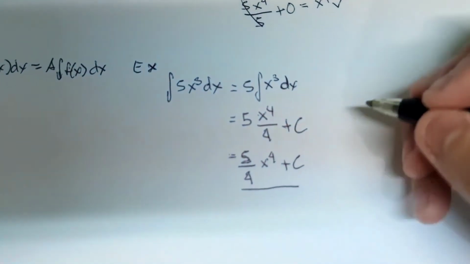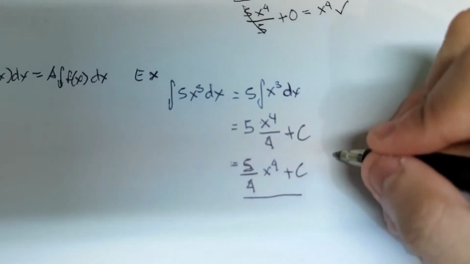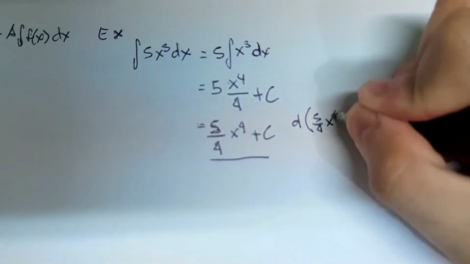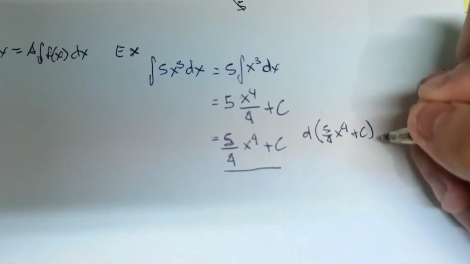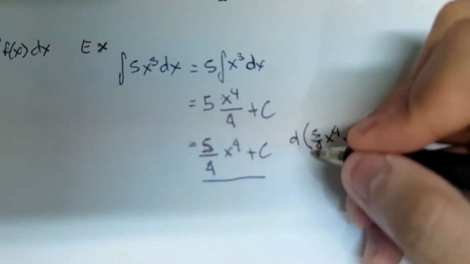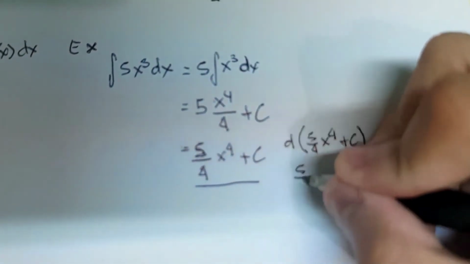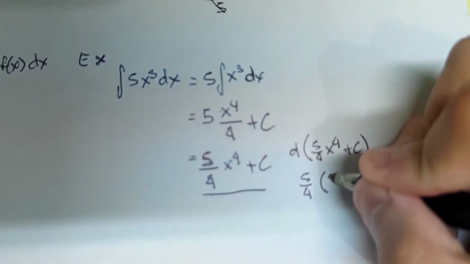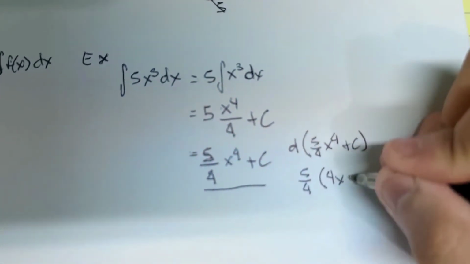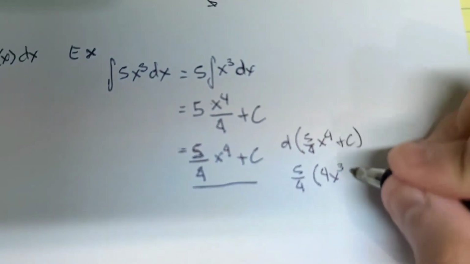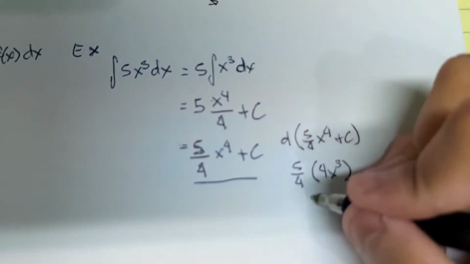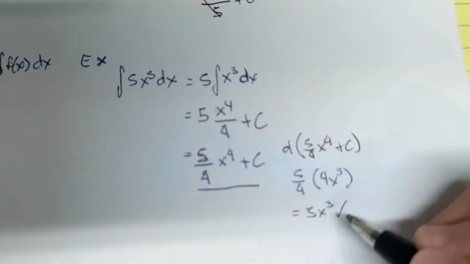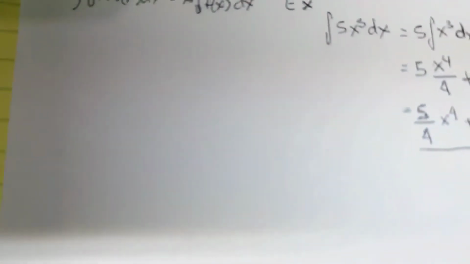Then we can check this by getting the derivative of 5 over 4 x to the 4 plus c. Let's take our 5 over 4, and the derivative of x raised to 4 is 4x cubed, and our c will be 0. So we have 5x cubed here.